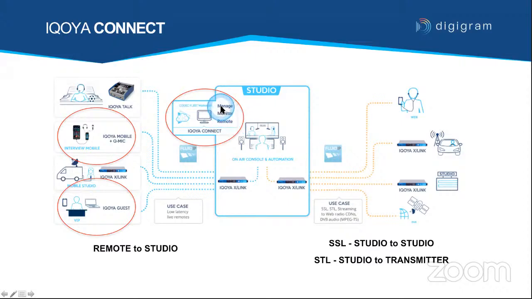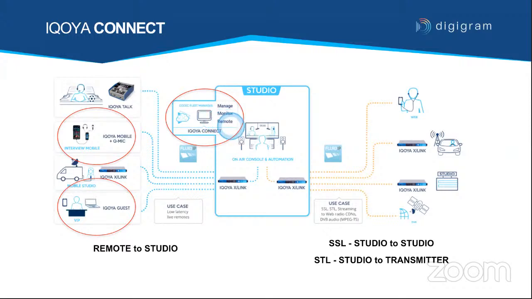Also, there's something called Akoya Connect Manage and Monitor and Remote. And I'm going to talk about those on the next slide, because these are subscription services that you can subscribe to if you have more enterprise level installations where you want that level of monitoring, remote control, and management.